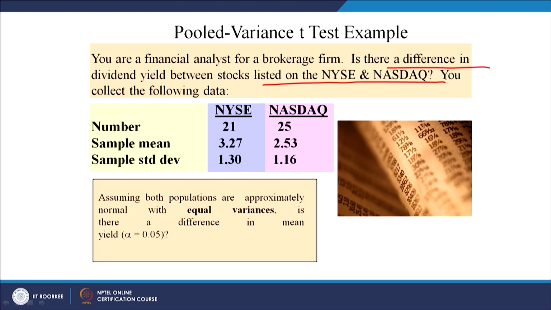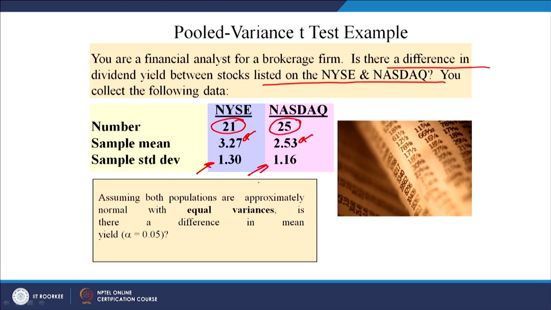You have collected 21 stocks from the New York Stock Exchange and 25 stocks from Nasdaq. You found that the sample mean is 3.27 for NYSE and 2.53 for Nasdaq. The sample standard deviations are 1.3 and 1.16.